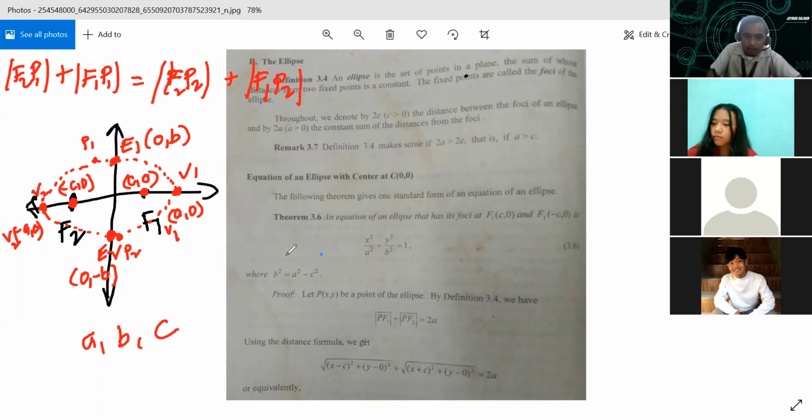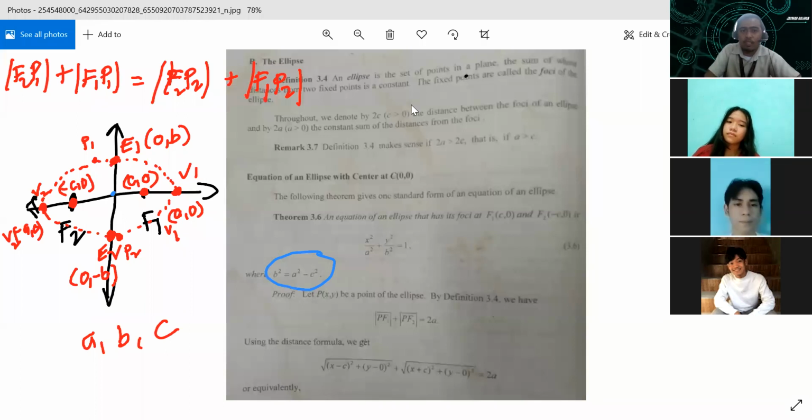B squared, the square of the distance from your center to your extremity, is equal to the square of the difference of the distance from the center to your vertex minus the distance from your center to your focus.